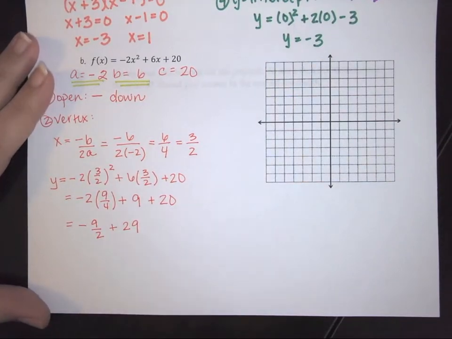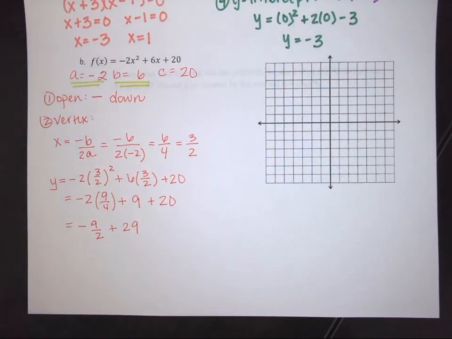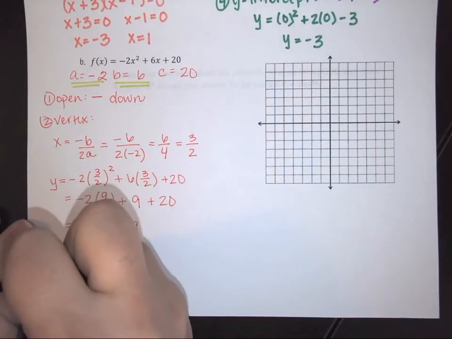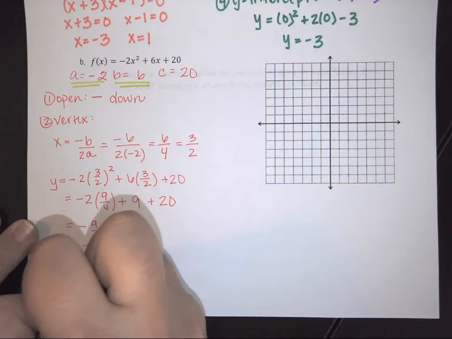And so then we need to combine these. When you're trying to combine your fractions, you need to remember that you need a least common denominator. So here, that LCD is going to be 2.